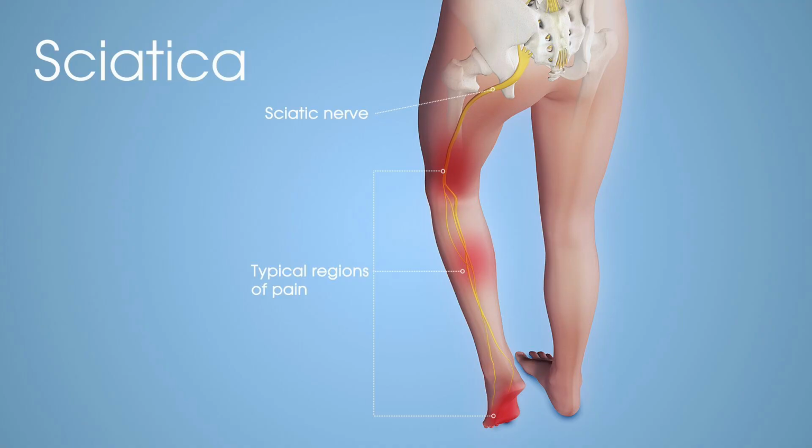Pressure points can occur with certain diseases at multiple locations, such as sciatic nerve pain. There are multiple pressure points along the sciatic nerve distribution.